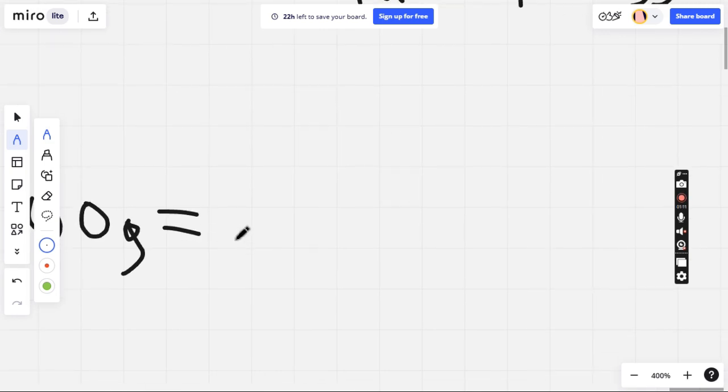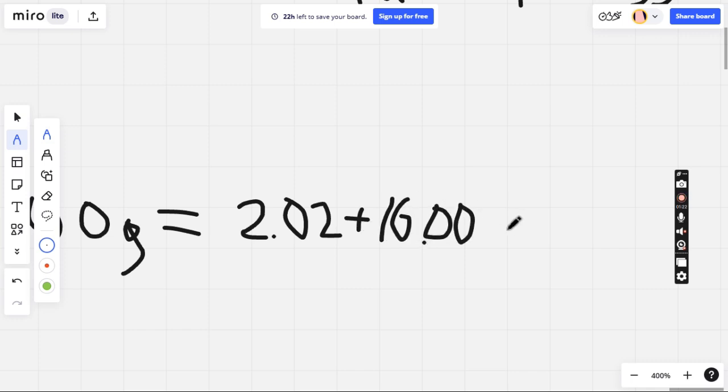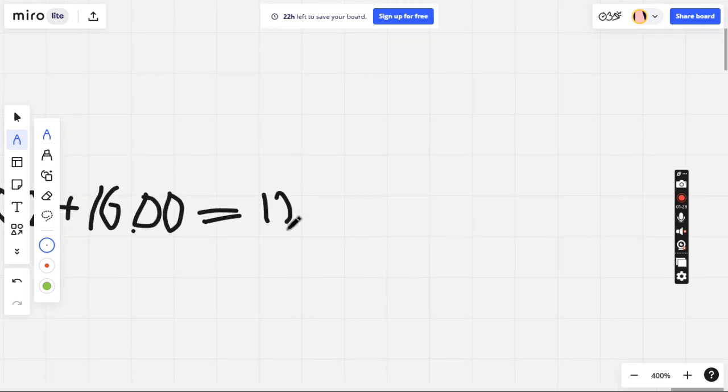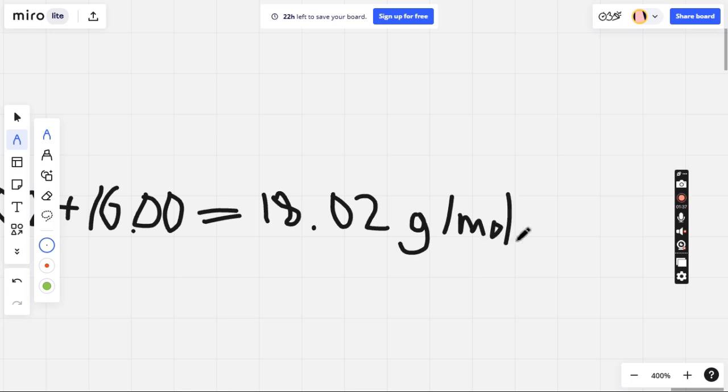We can pretty easily count this out: 2.02 plus 16, which would result in 18.02. You don't just put grams here, you put grams per mole of H2O.